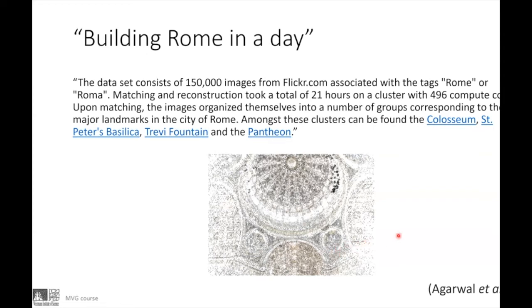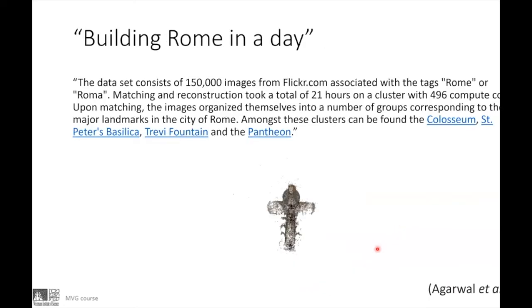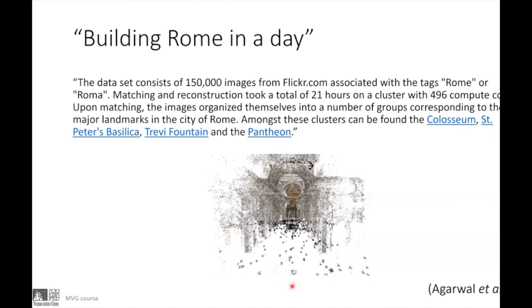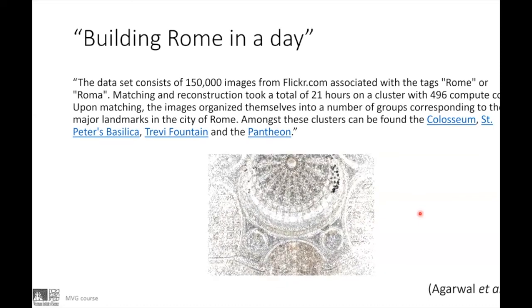Let's see again. So see how many cameras there are. You can see, basically tourists took many pictures, some of them in the second floor here. This was very impressive work.